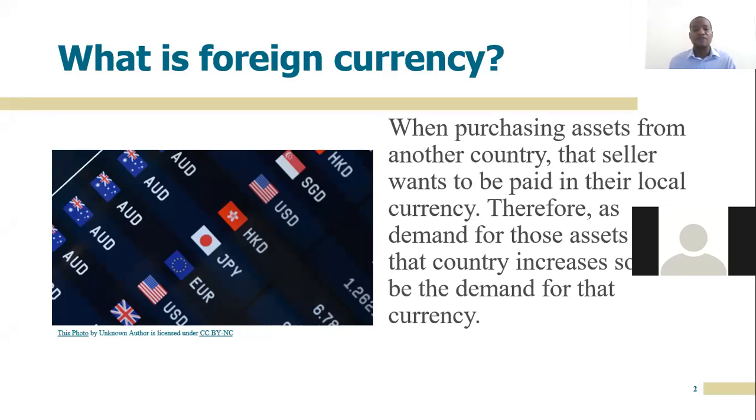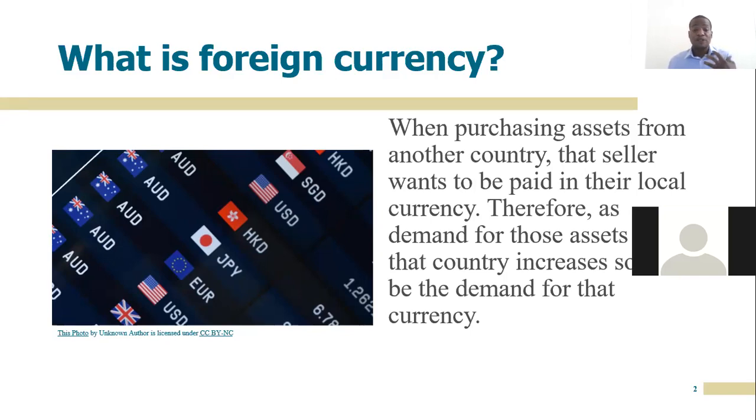So for instance, if you are purchasing something from England, they want to be paid in the pound. If you want to purchase something from the US, you have to purchase it in US dollars. If you want to purchase something in Jamaica, you should purchase it in Jamaican dollars. At the end of this, we'll talk about that, but it should be purchased in Jamaican dollars, right?